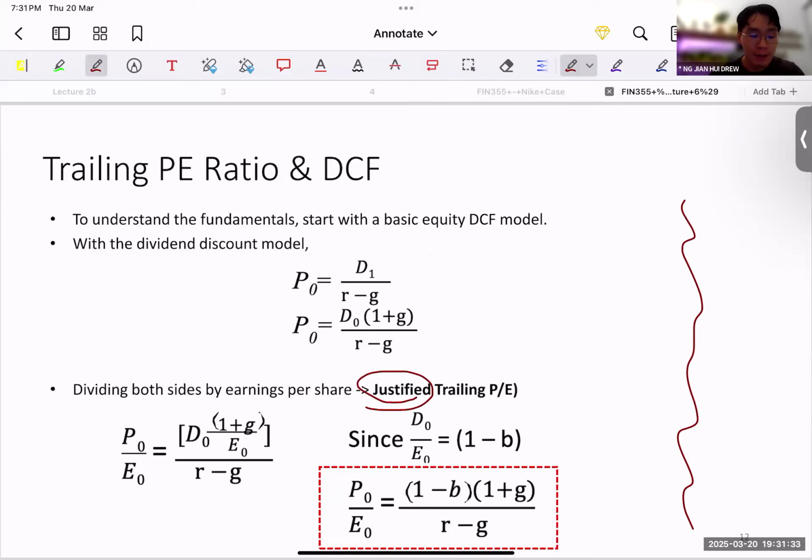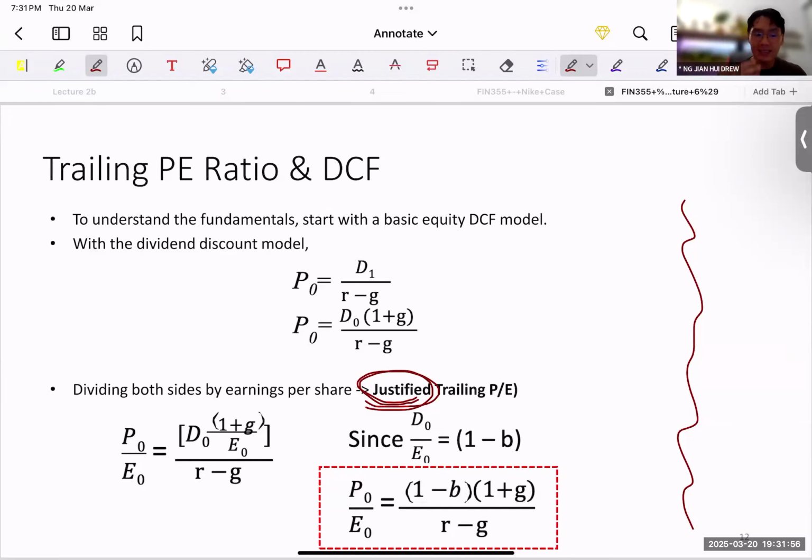I repeat again, we want to determine the idea of justified trailing PE, or justified PE. It means we can compare our company's PE with the justified PE to see, based on this comparison, whether it is overvalued or undervalued.